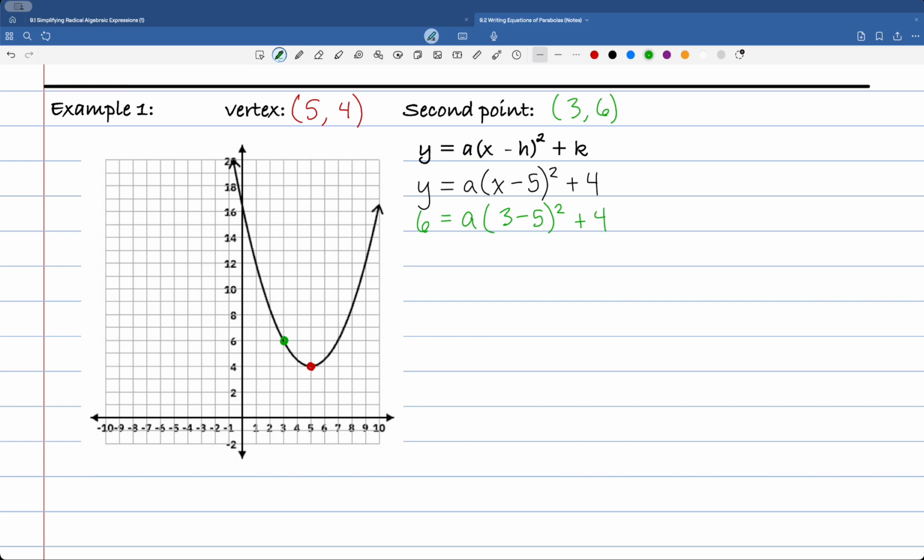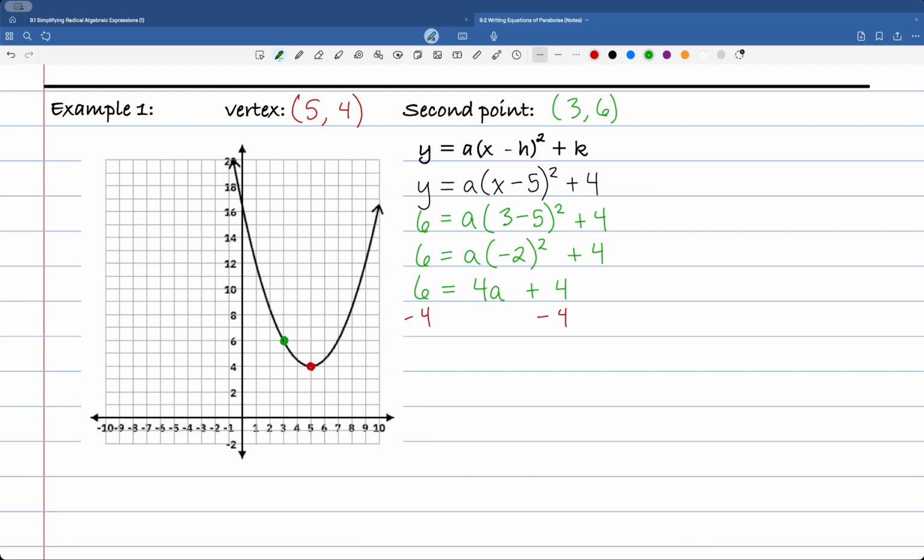Now, 3 minus 5, we're going to go ahead and start reducing some of these. We're cleaning this up. 3 minus 5, that's negative 2 squared plus 4. Negative 2 squared, well, that's just 4. So this is 6 equals 4a plus 4. And then we will subtract 4.